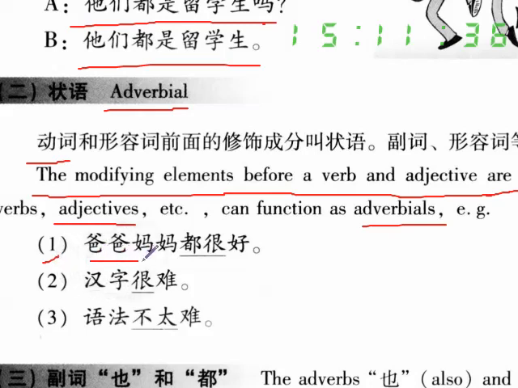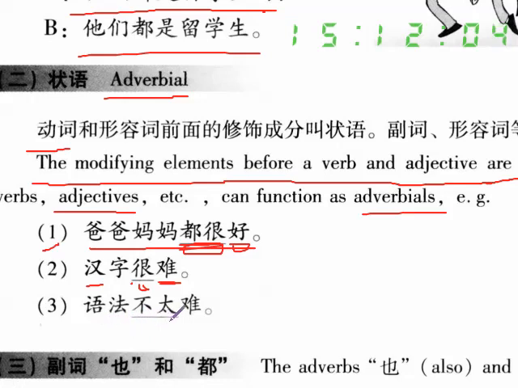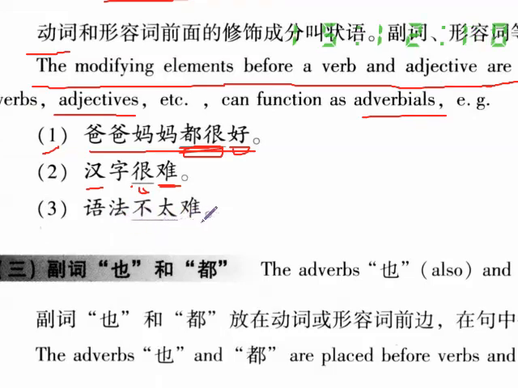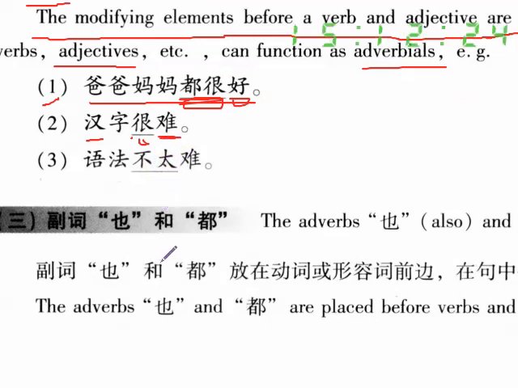First, 爸爸妈妈都很好，都很好。好 is an adjective. 汉字很难, difficult also same adjective. So before this 很 is the adverb. 语法不太难，语法不太难。Grammar not too difficult. 不太 not too. It's also the adverb.